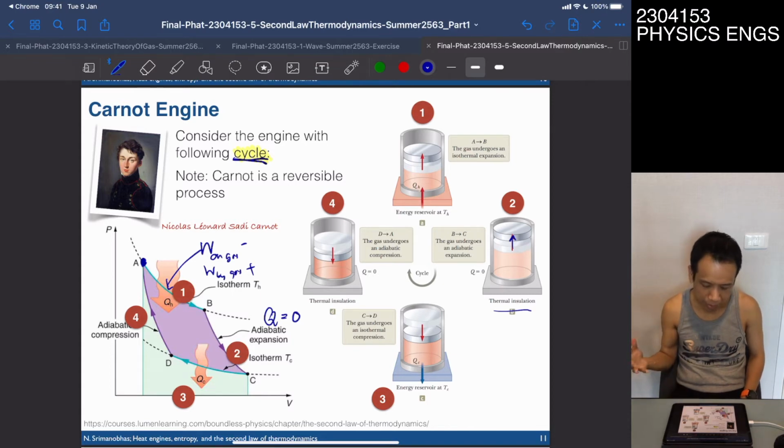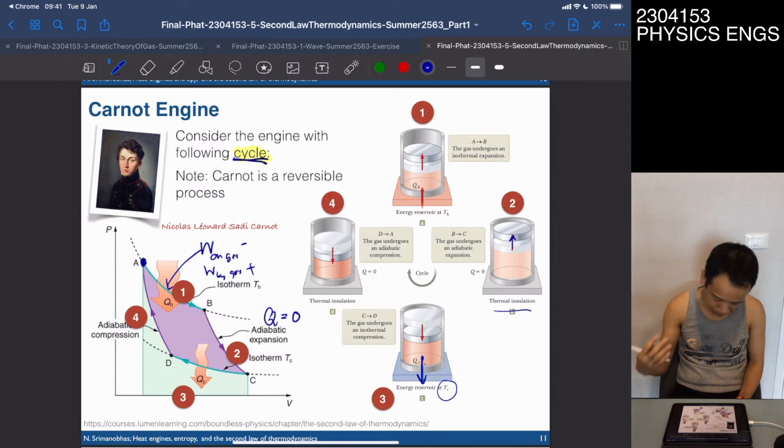However, when it starts to be compressed, we would like to keep the temperature constant. So what we do is we attach it to the cold reservoir. The energy of the gas is transferred from the hot side, which is the gas itself, to the reservoir, okay? So when it's transferred to the reservoir, the energy starts to decrease and the volume also starts to decrease, okay?